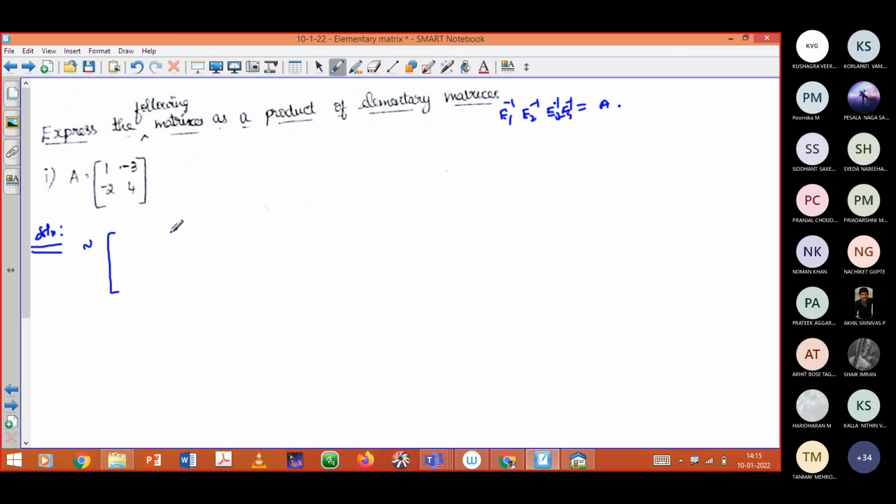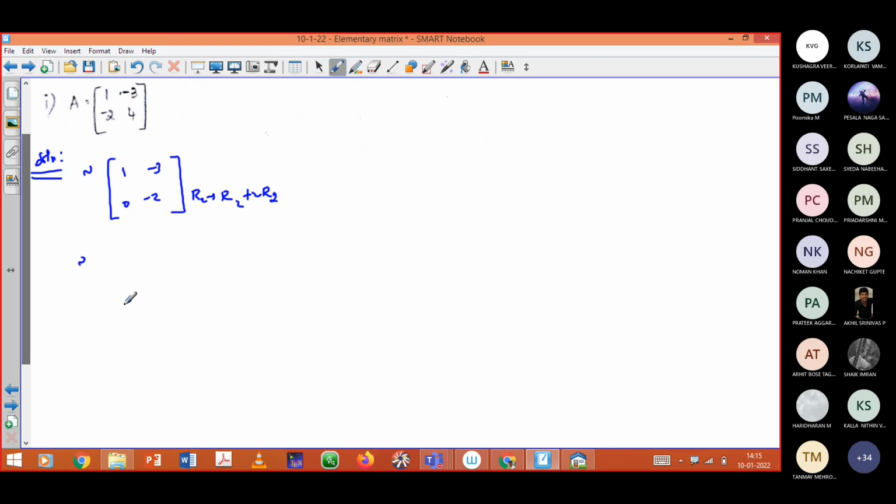See here, the same procedure as you already know. There is no change in R1, so I can apply the change in R2. R2 gives R2 plus 2R1. So 1 minus 3, so 0, then 4 minus 6, so minus 2. Can anyone guess what rule I should apply next? In the first operation, it will be R2 plus 2R1.